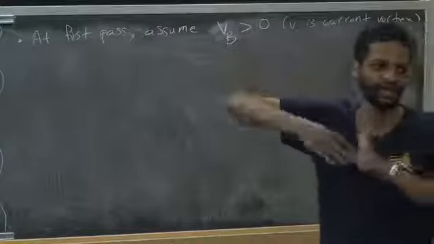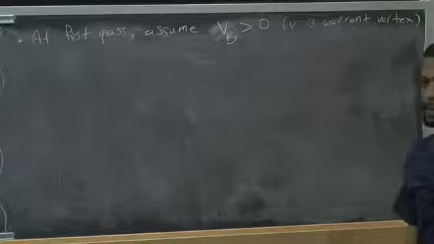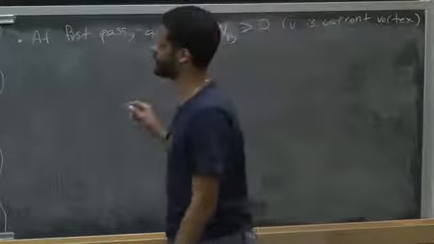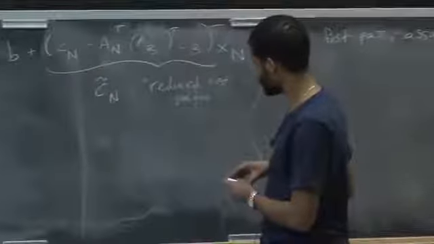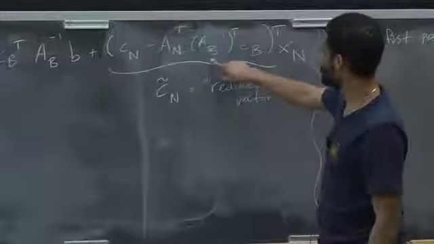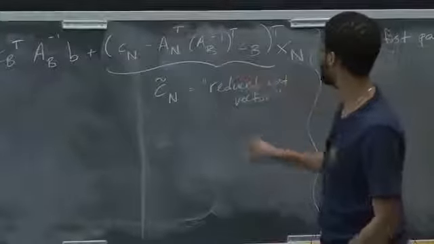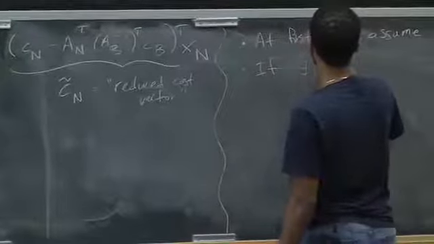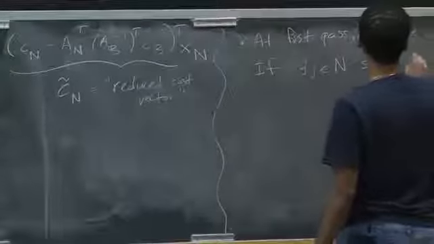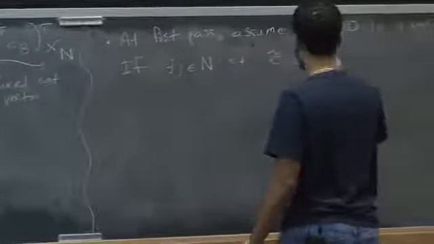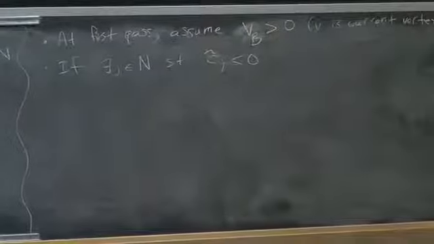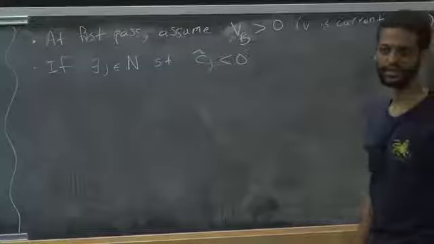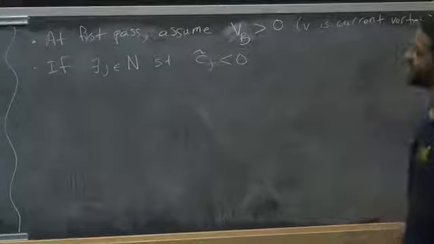We didn't have to actually add more columns to make it full rank. So in this case, what can we do? Well, if there exists a j in capital N such that c tilde j is strictly negative. Questions? Any questions? I know I've been writing a lot of symbols.